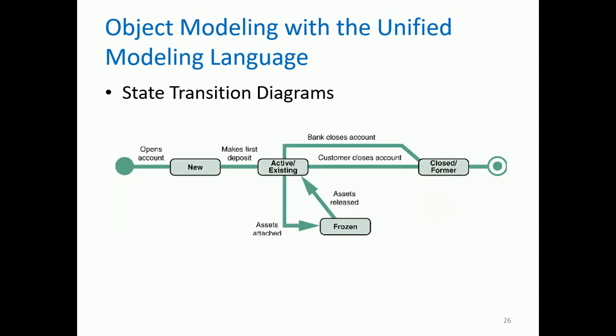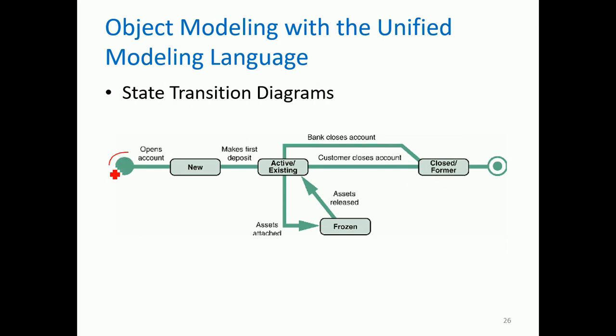Okay, next we have the state transition diagrams. State transition diagrams are applicable if your object has states. This is an example of a bank account. The states of a bank account are new, active or existing, frozen, or closed/former.